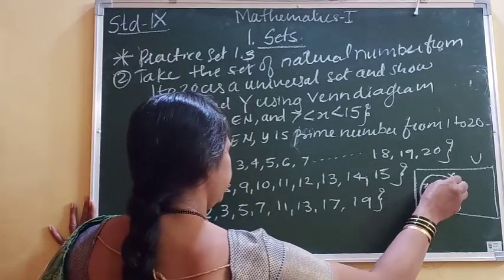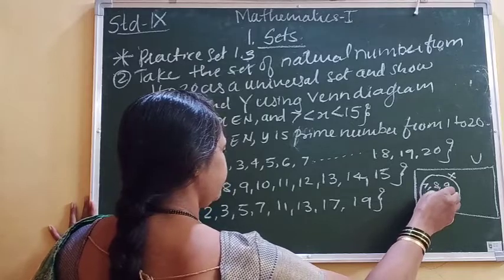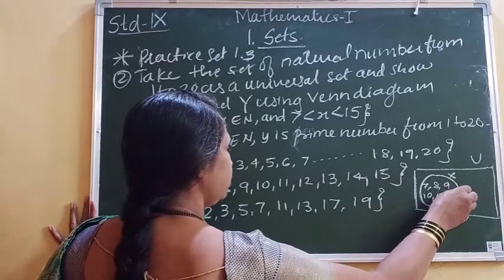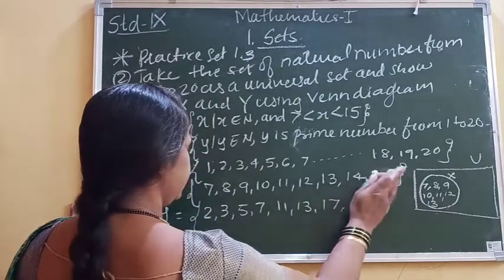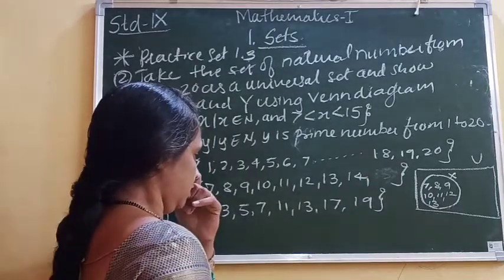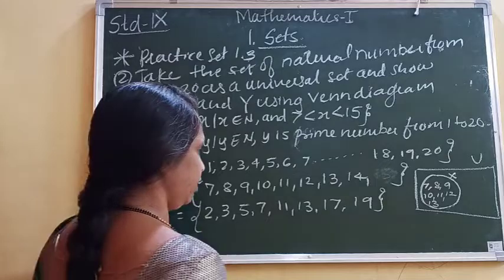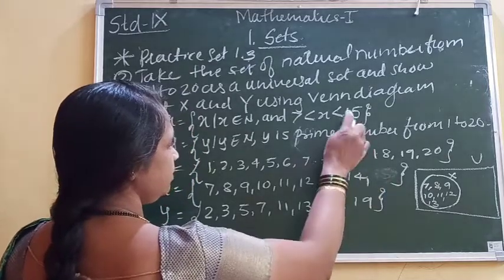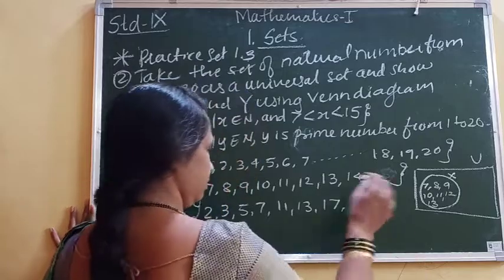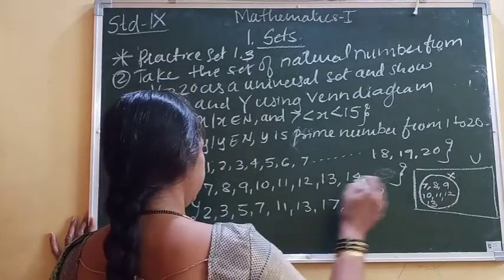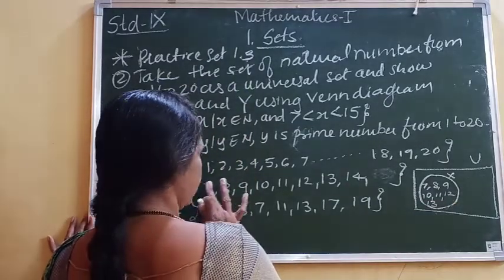X's elements: 8, 9, 10, 11, 12, 13. Less than 15 it is said, means 15 will not come. Okay. Greater than 7 means 7 will also not come.